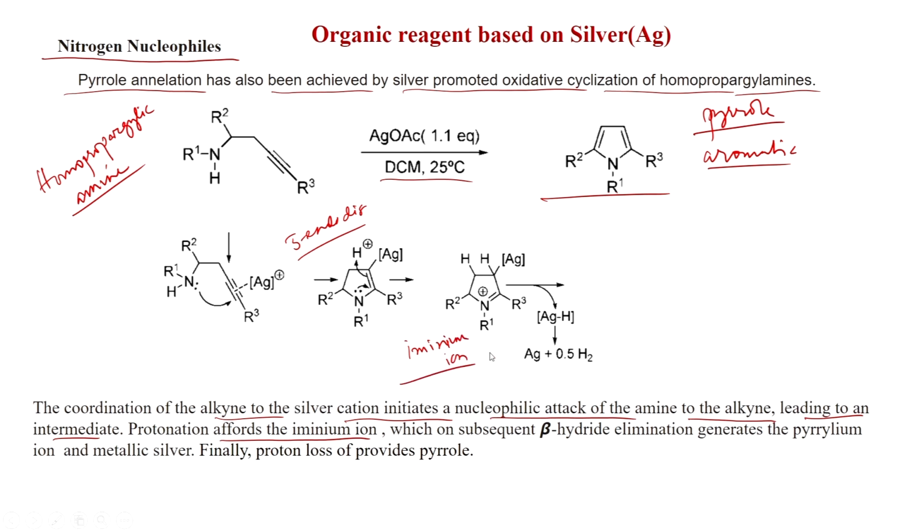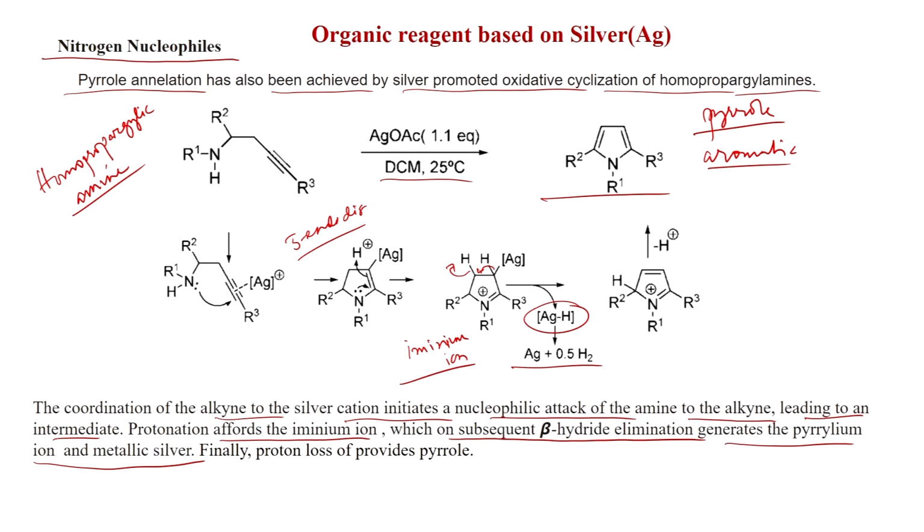Now, this iminium ion will undergo beta hydride elimination, that will generate pyrrolium ion and metallic silver. So, you can see after beta hydride elimination, what will happen? This silver hydride will eliminate, and that ultimately will go to silver plus 0.5 hydrogen. So, after beta hydride elimination, you get this pyrrolium ion.